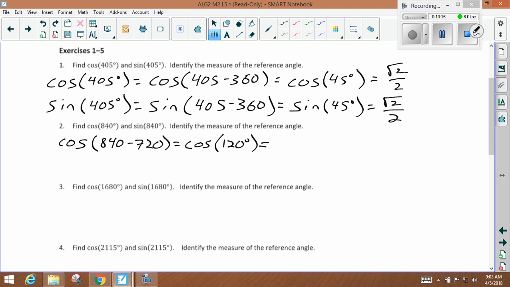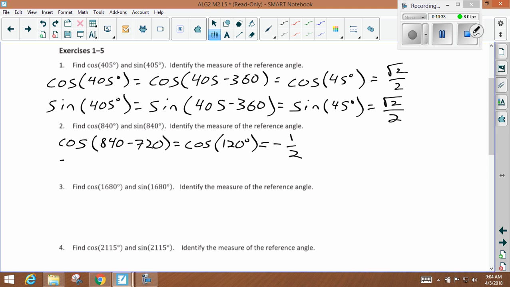And what is our x coordinate at 120 degrees? Negative 1/2.